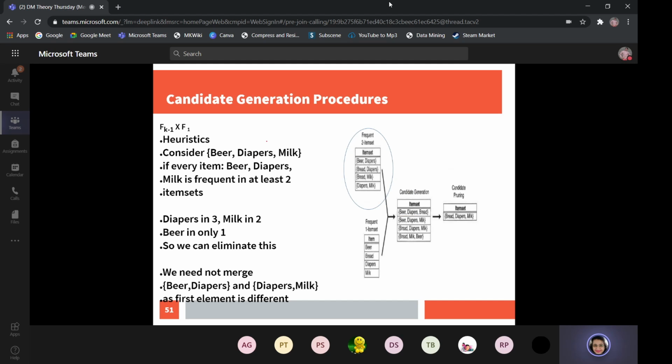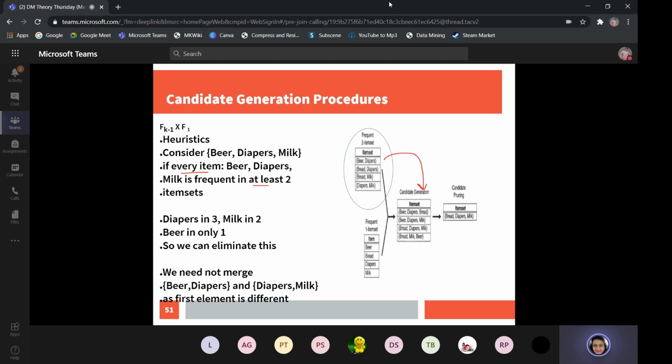So this is what they are saying. Use the heuristic, consider beer, diaper and milk. If every item is in at least two item sets, then it can come here, otherwise it cannot come here. So diapers is in 3, milk is in 2, but beer is only in 1, so it can be eliminated. Diapers is in 1, 2, 3, milk is in 2, so it is satisfying the heuristic.